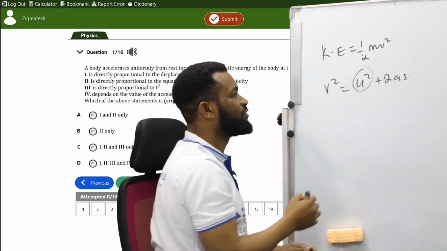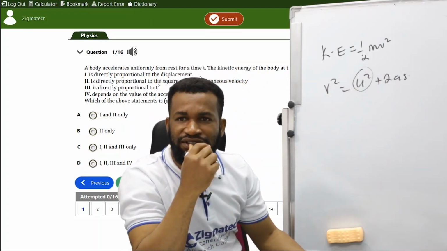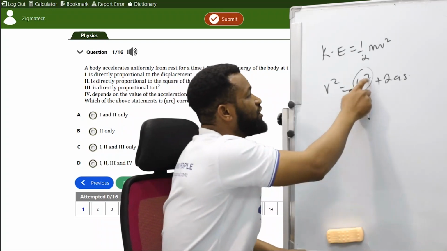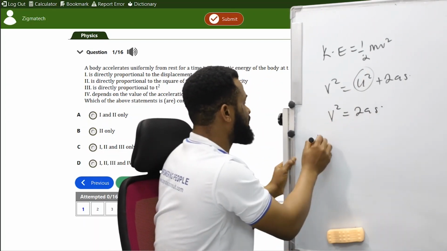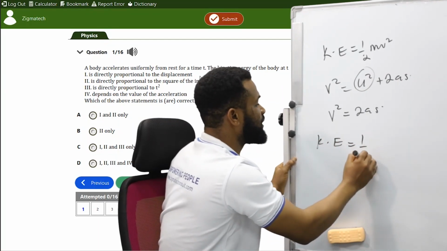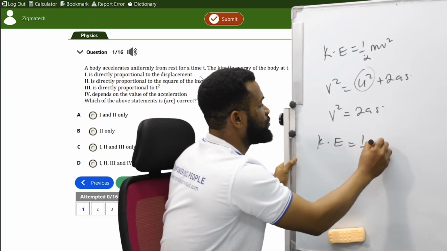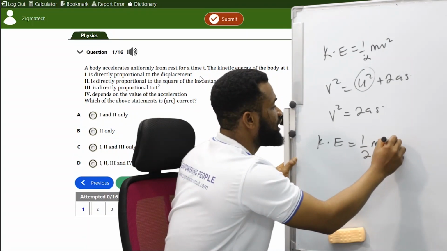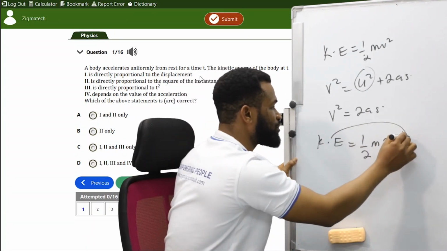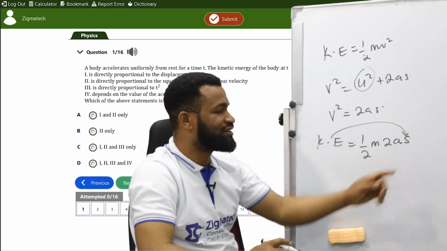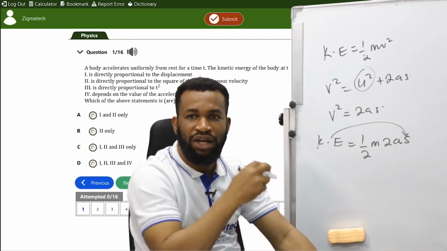When u is 0, especially according to the question, it started from rest, so v square is equal to 2as. Therefore, kinetic energy is equal to 1 over 2 m times 2as. So kinetic energy is directly proportional to displacement, and that s represents the displacement.